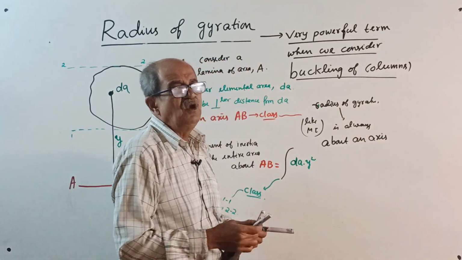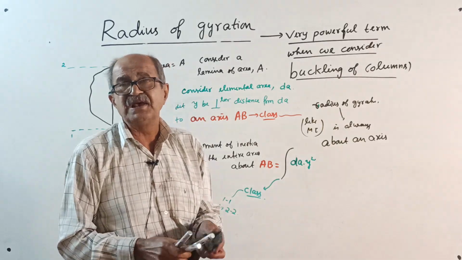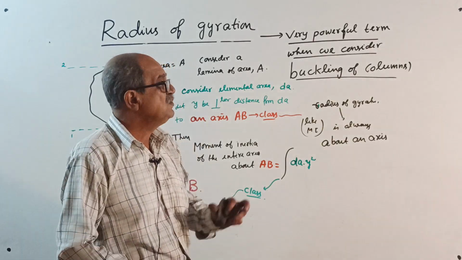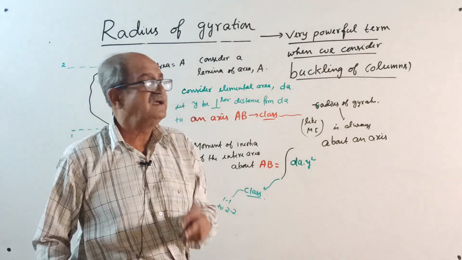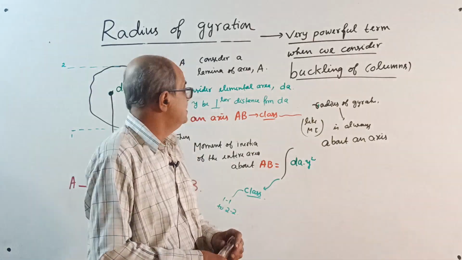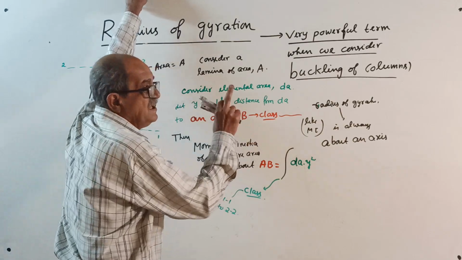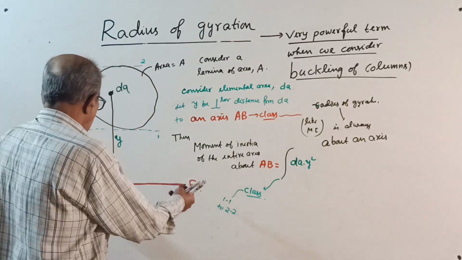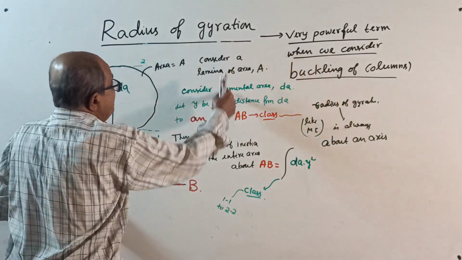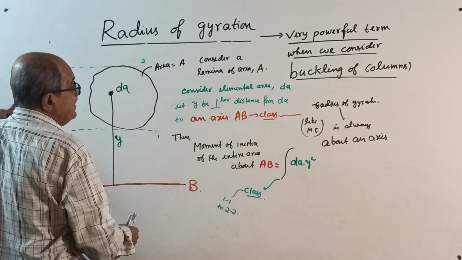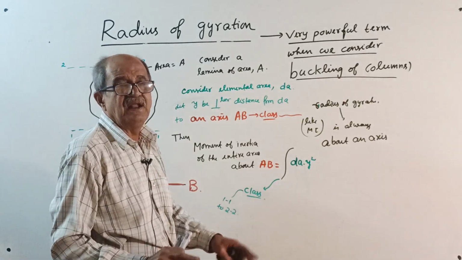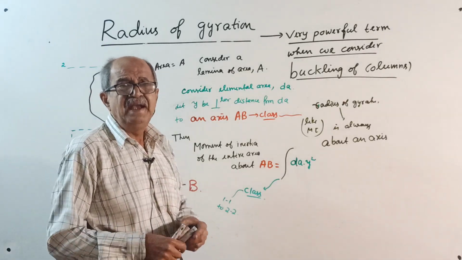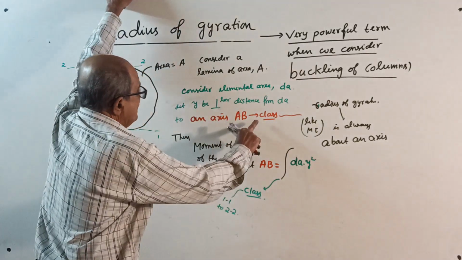Right now it need not be a centroidal axis, but structurally the centroidal axis is the most important. That we will worry about later. When I started moment of inertia, I told axis AB, some axis CD, some axis EF, like that. That way I will discuss here. Later, we will find the required axis.